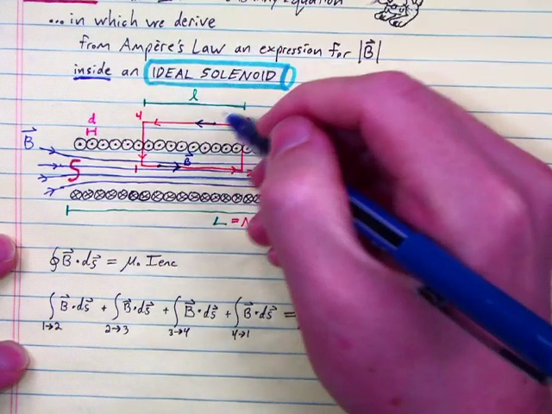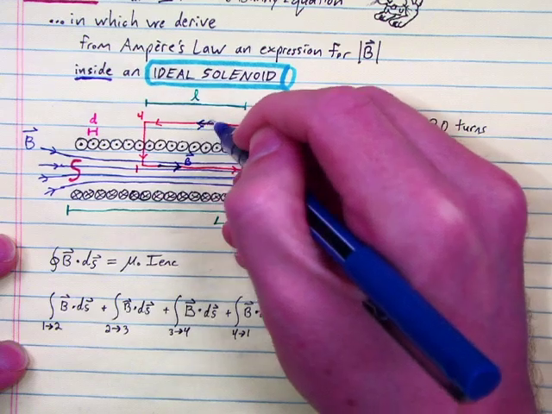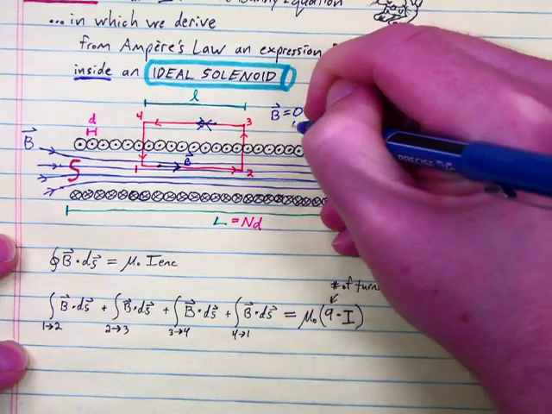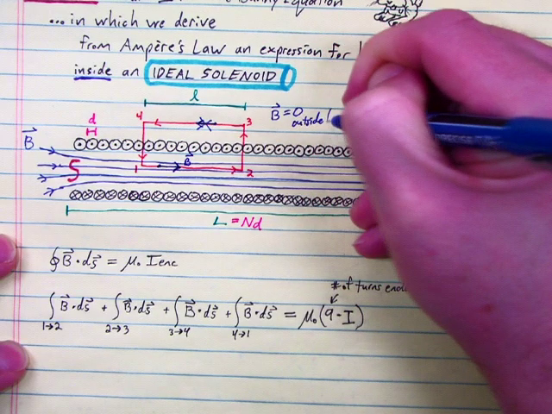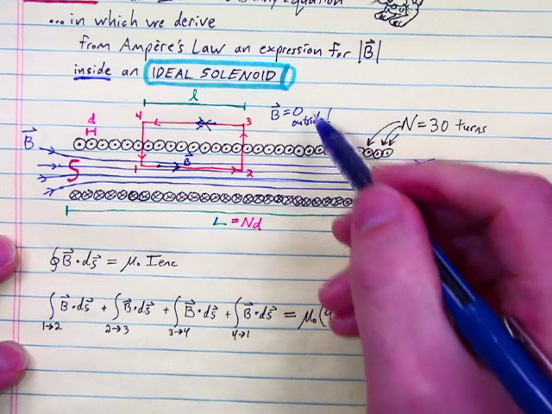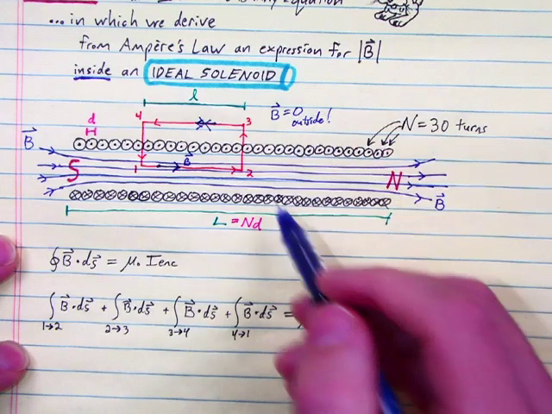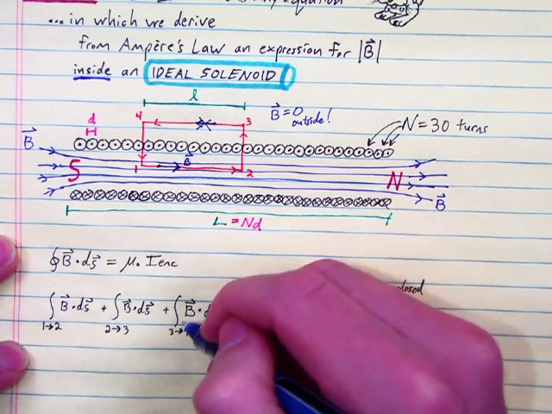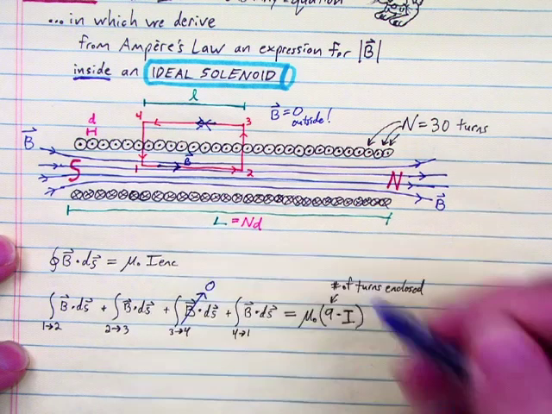Although outside, we can forget about B field because we argued last time that B is 0 outside. With that argument, this integral from 3 to 4 of B dot ds is 0 because B is 0 on the outside.